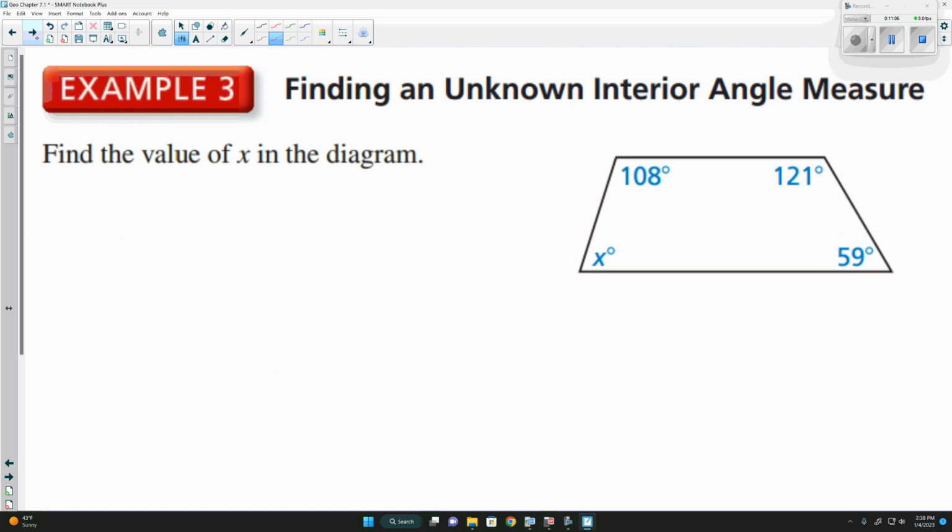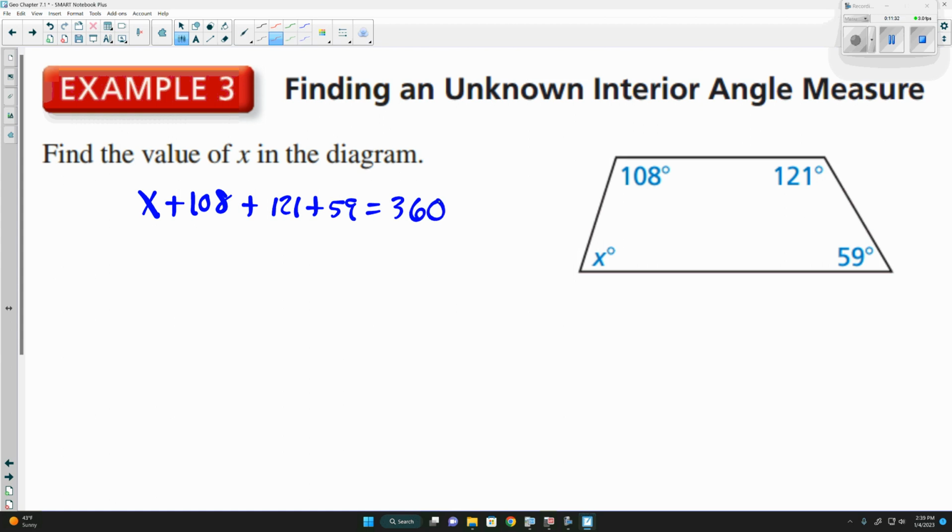We're going to be solving some of these here. So we want to find the value of x. What do we know about the sum of the interior angles of a four-sided figure? It's 360. Right, because x plus 108 plus 121 plus 59 is 360.